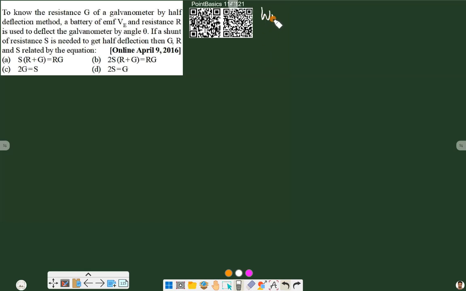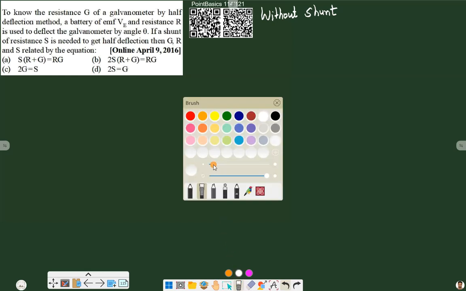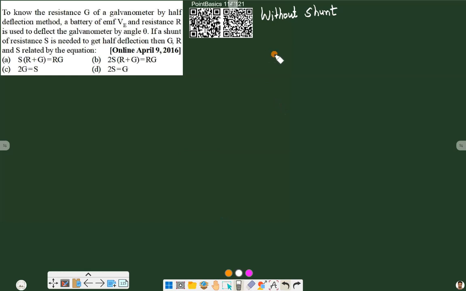So first is without shunt resistance. So without shunt, our circuit will look like this: we have a battery, a resistance and a galvanometer.